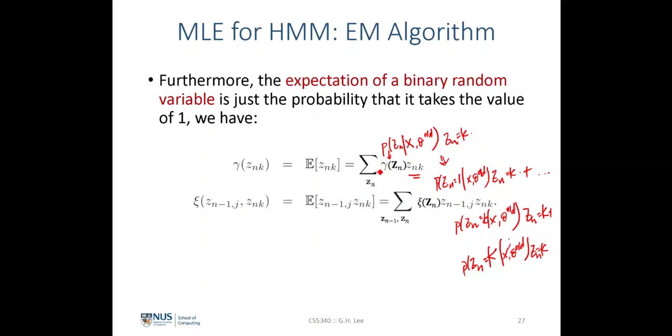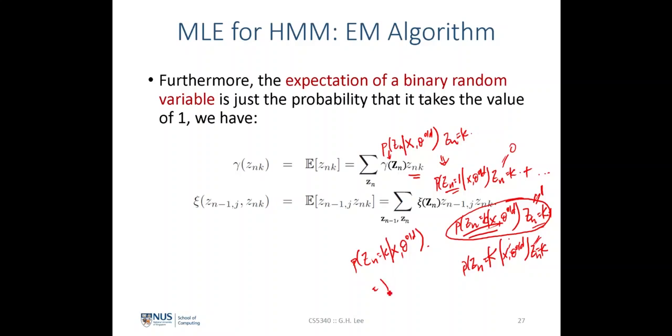And in all these summations, only one particular term, where z_n equals k, would be 1. All the rest would be 0, since we are summing over all the possible states of z_n, and hence this particular term remains. Since z_nk is 1 for that term while all the rest are 0, we remain with the term where z_n takes a state of k conditional upon x and θ_old.